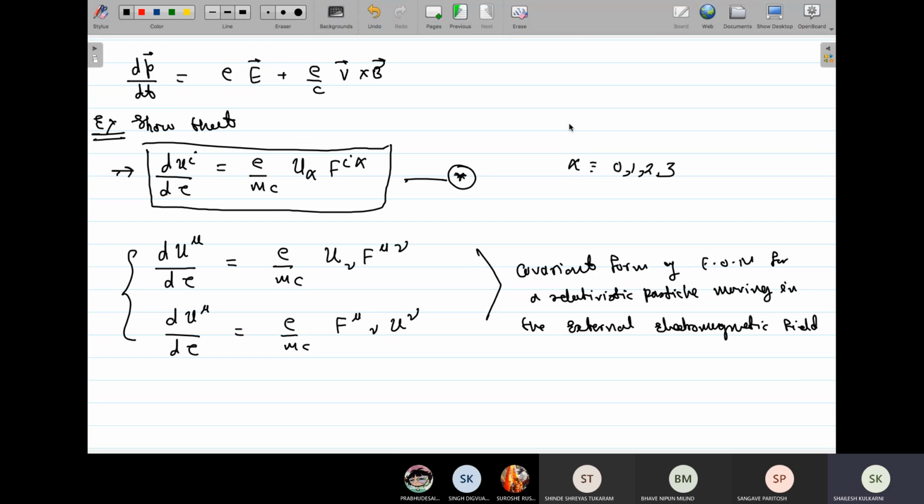So now what we are going to do, we'll discuss more about the field strength tensor.